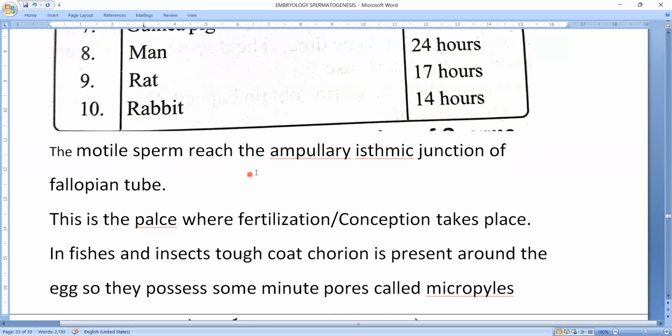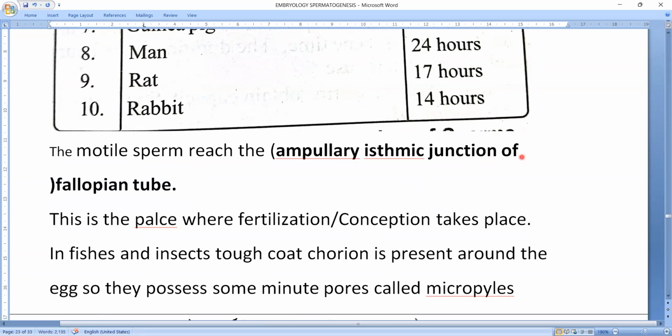The motile sperm reach the ampullary isthmic junction of fallopian tube. Simply, it reaches fallopian tube. Okay, where the fertilization takes place in mammals. Okay, so the sperm, it moves anteriorly, okay, towards the egg.